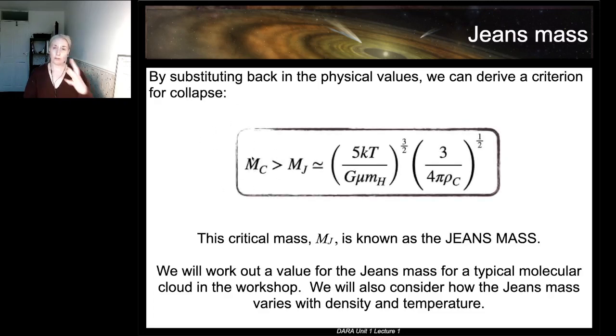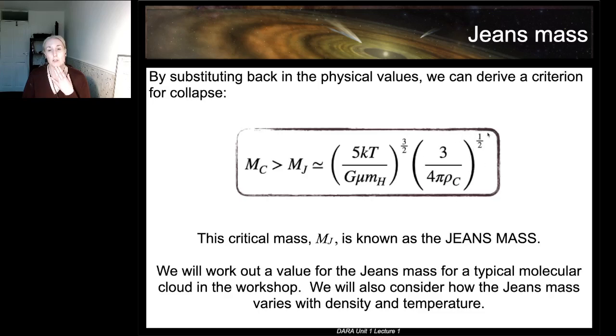So in order for a cloud to collapse to form a star, the mass of the cloud must be greater than M_J, which we call the Jeans mass, which is equal to (5kT / (G mu m_H)) all to the power of 3/2, multiplied by (3 / (4 pi rho_c)) all to the power of 1/2, where k is Boltzmann's constant, T is the cloud temperature, G is the gravitational constant, mu is the mean molecular weight of the gas, m_H is the atomic mass unit, and rho_c is the constant mass density of our cloud.